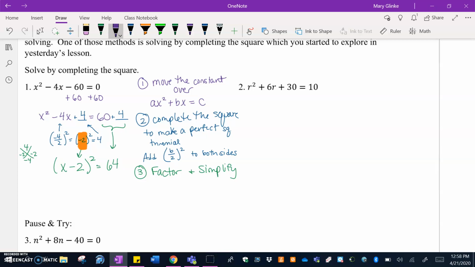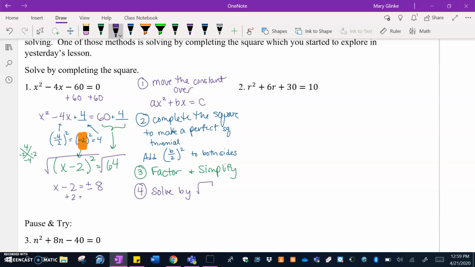And so then after we factored and simplified, step 4 is going to be to solve by square rooting. And so this is something that you've done in the past now. So hopefully now it looks like a form that you've seen before. We're going to go ahead and square root both sides. We're going to get x minus 2 equals plus or minus the square root of 64, which is 8.